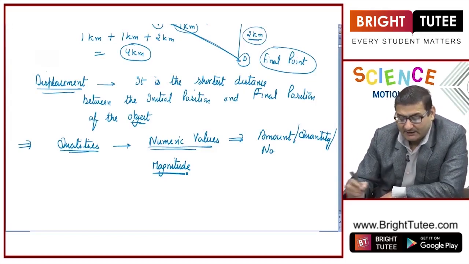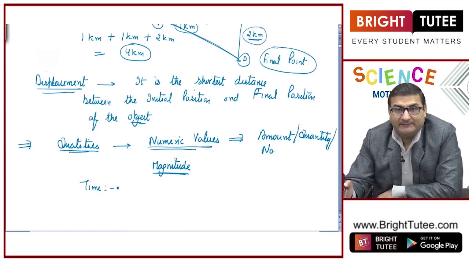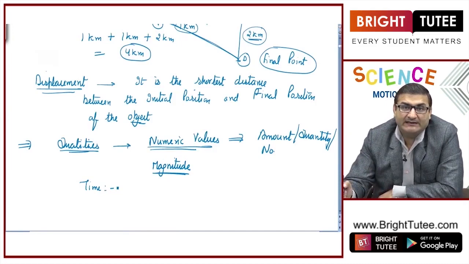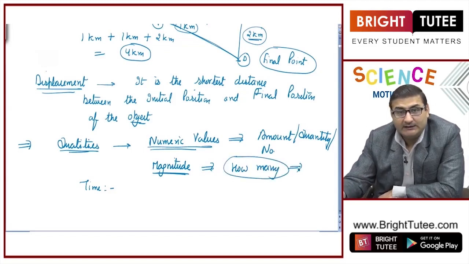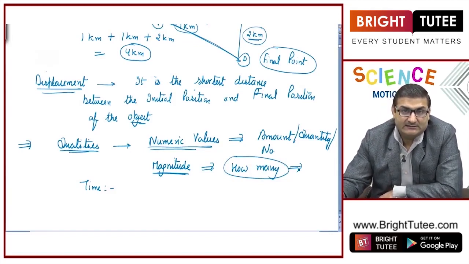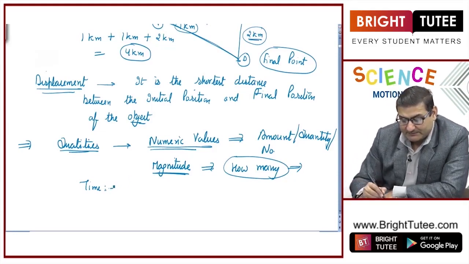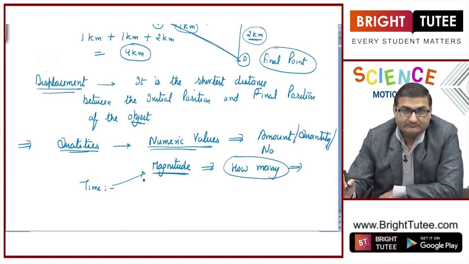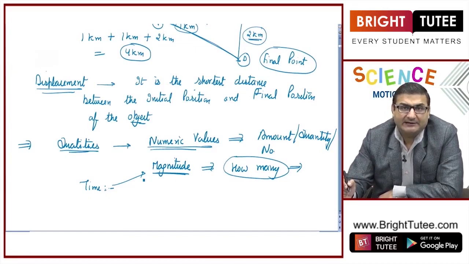If I talk about time, I will ask how many minutes, how many seconds, how many hours. So the magnitude gives us the answer of how many, in terms of numbers. For example, 10 seconds, 20 minutes, 10 hours. So I will say that time is a quantity which has magnitude. Got it?